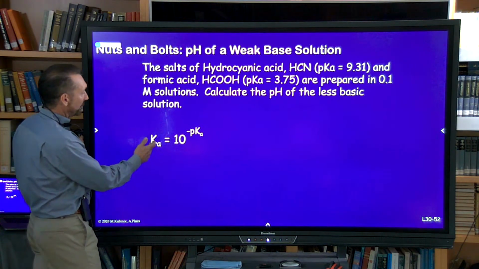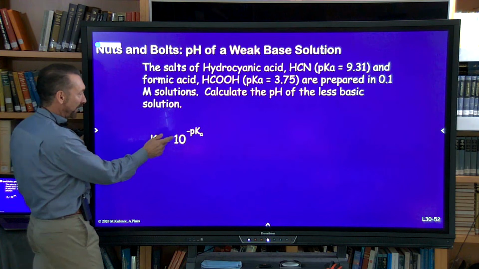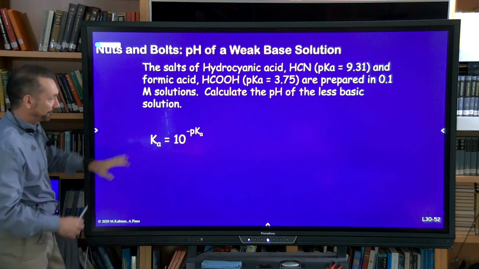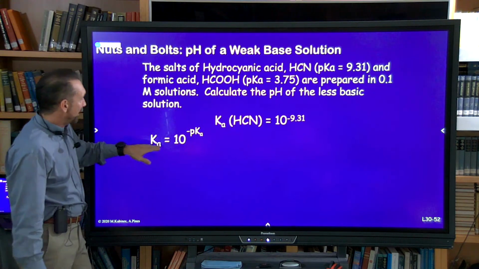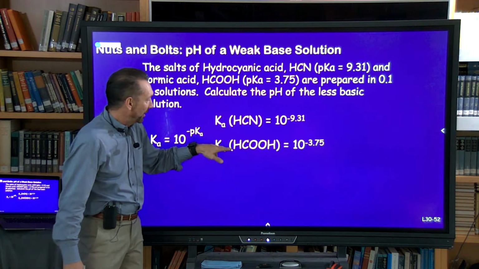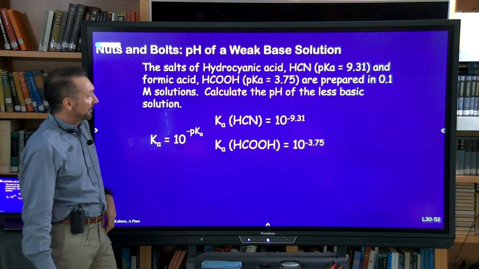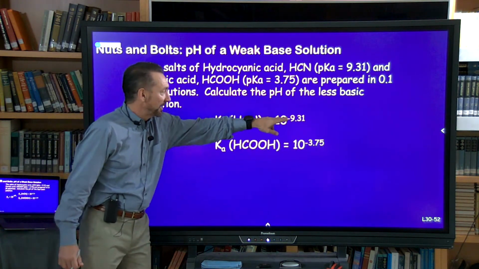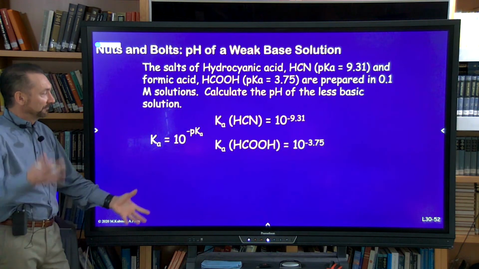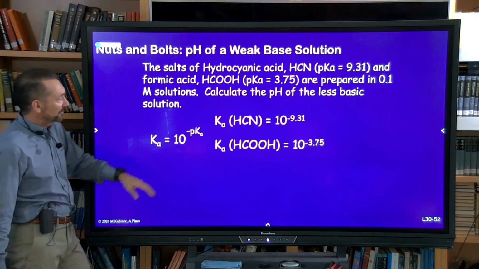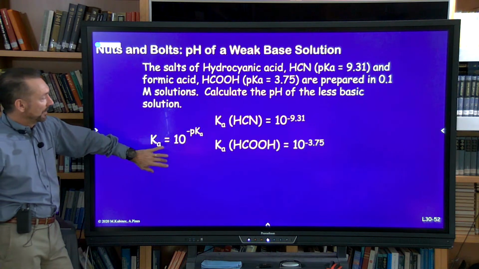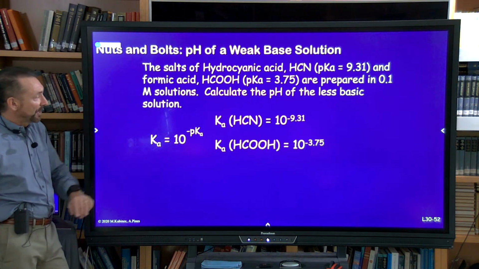So we can get the Ks. The Ks are 10 to the minus pKa of each of those acids. So the Ka for HCN and the Ka for the formic acid are 10 to the minus 9 and 10 to the minus 3.75. Those are the relative numbers. We could actually put that into our calculator and get a number that doesn't have a fractional exponent if we want.